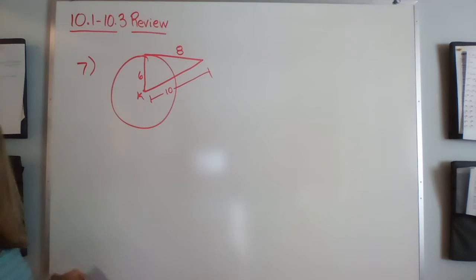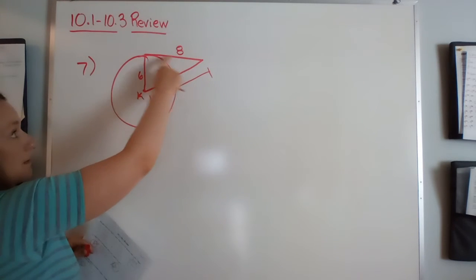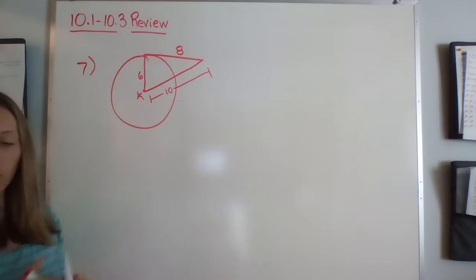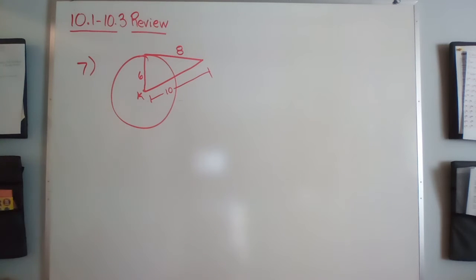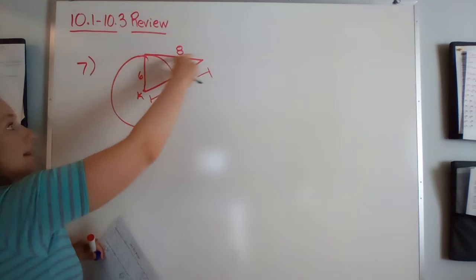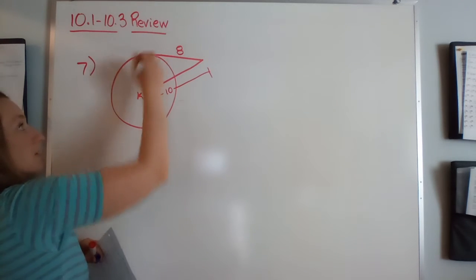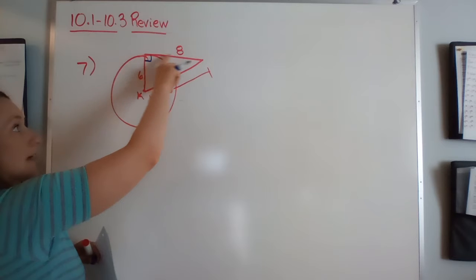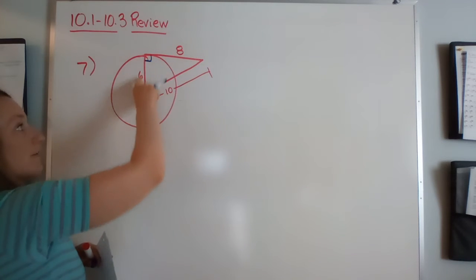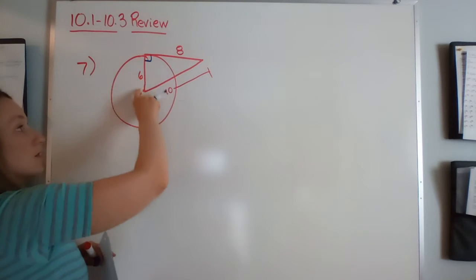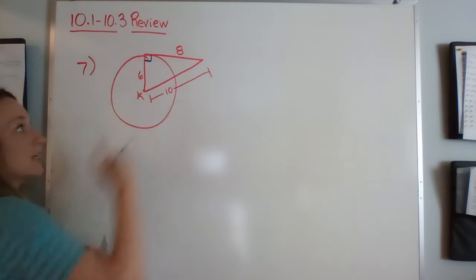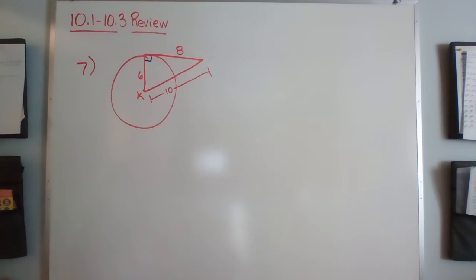And you're asked to determine whether or not this segment is tangent. Well, if it is tangent, we learned that the tangent and the radius meet at the point of tangency and are perpendicular to each other. So if this segment is tangent, you would have a right triangle here. So to determine whether or not this segment is tangent, we're going to see if that is a right triangle.